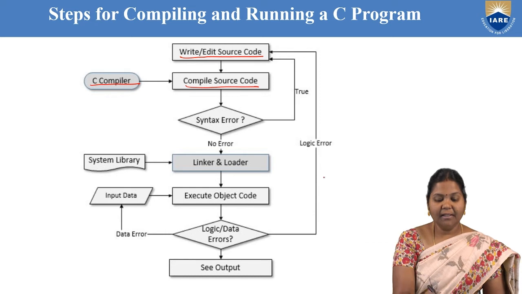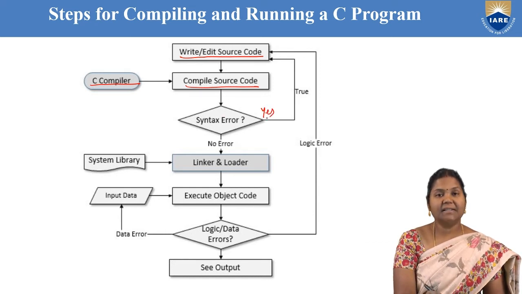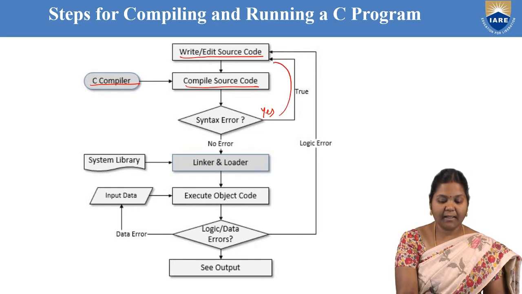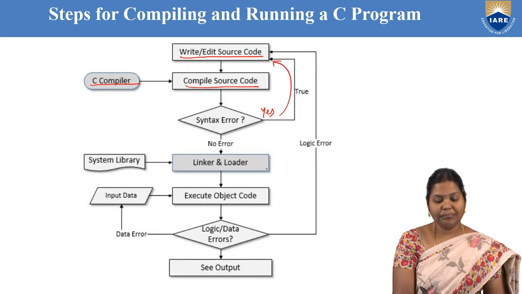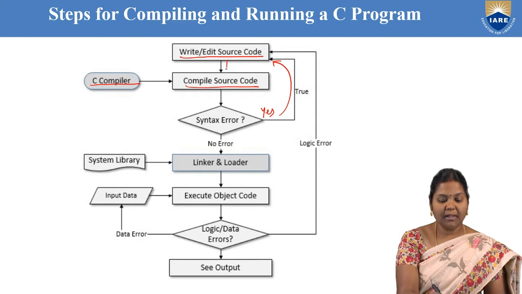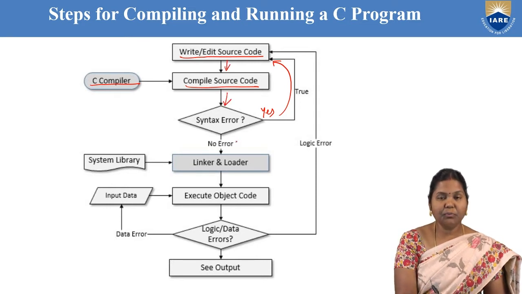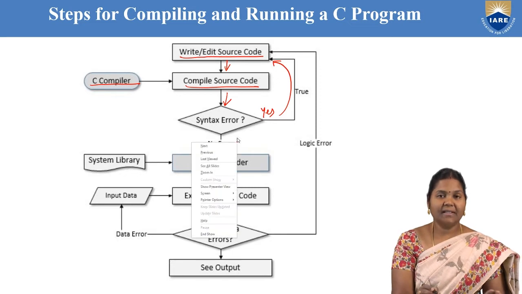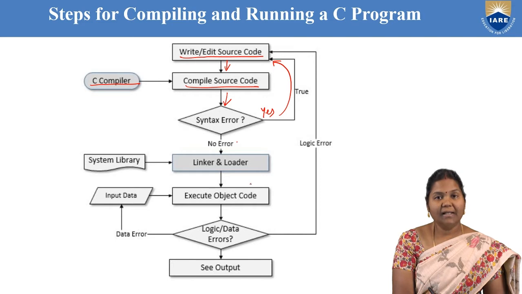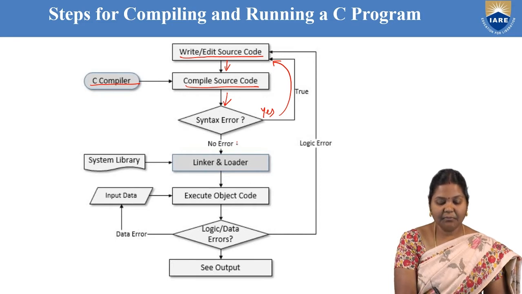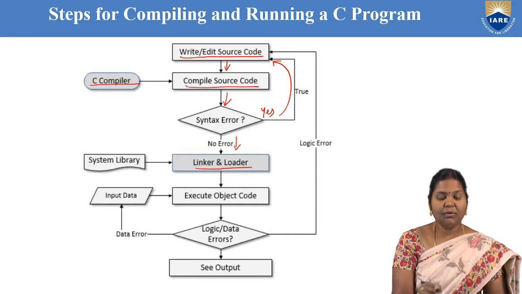If there is any syntax error, go back and edit your source code, compile it again, and check again for syntax errors. Whenever there is no error, that means the program is syntactically correct, then do the linking part. That means take the help of these 2 modules, linker and loader.